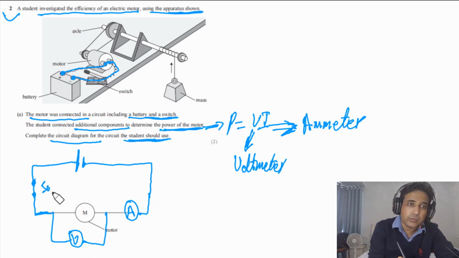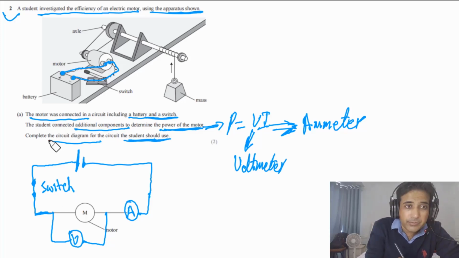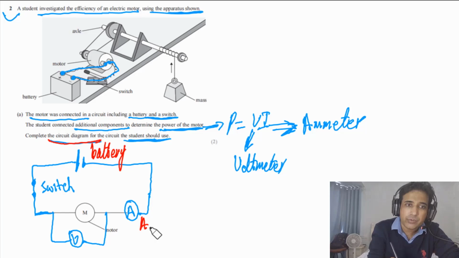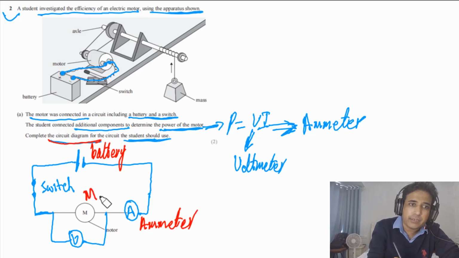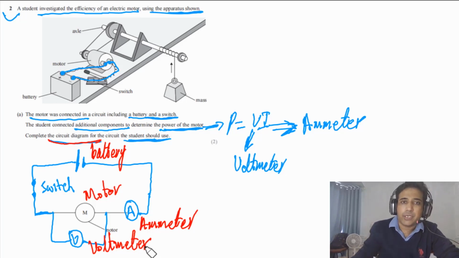As the question said, complete the circuit diagram. So we can also label these components in the circuit. So this is the battery. You can write down this is the ammeter. This one is the motor and this one is the voltmeter. So it's better you also label this diagram.